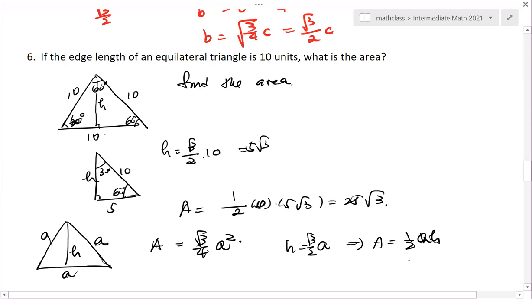The base is A. Then you plug them in, A times A, so A squared. That's square root of 3 over 4 A squared. So for an equilateral triangle, if you know the edge length, you can get the area using this specific formula. It's very specific, but it's useful. If you memorize it, then you can use it without redoing the problem.